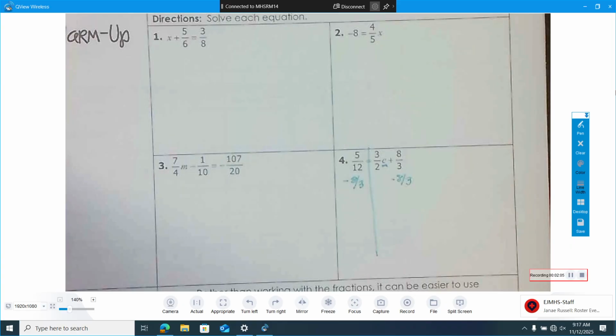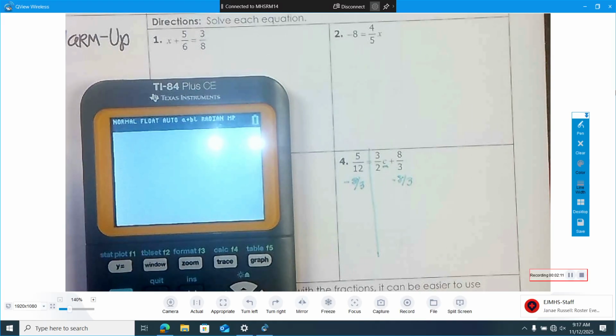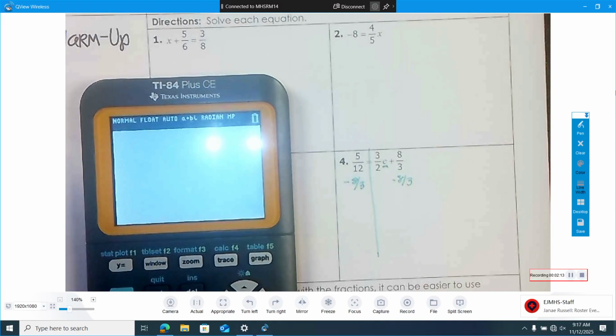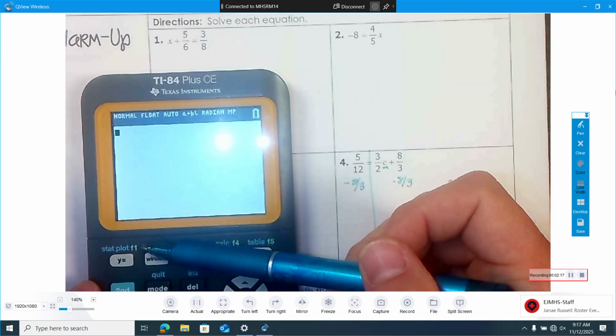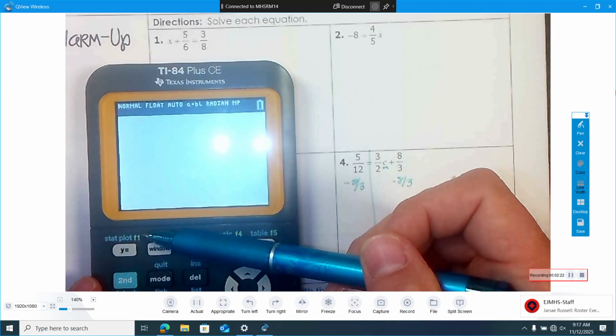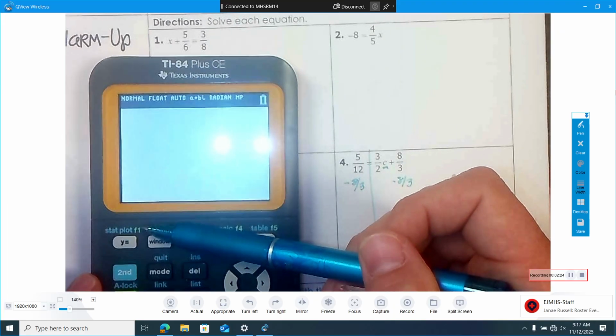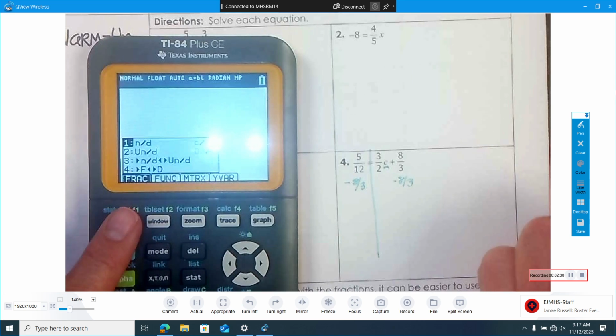In our calculator, you have a nice little menu for fractions. Some of you may or may not know this, but I'm going to show you how to use it. It's the F1 menu. It's green. F1 is green right here. Do you see the F1? If it's colored green, what do we need to do? Push the green alpha button. So we want to do alpha F1.